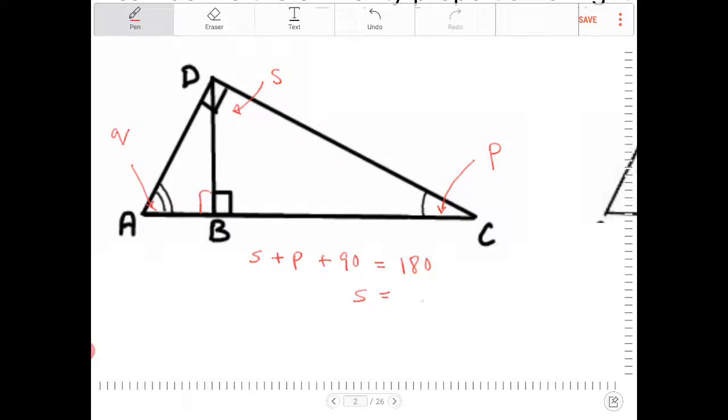Angle S, therefore, should equal 90 minus P. So this guy here is 90 minus P.